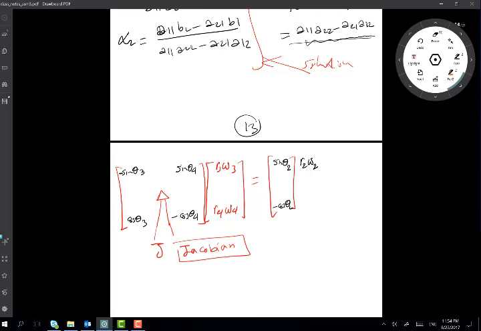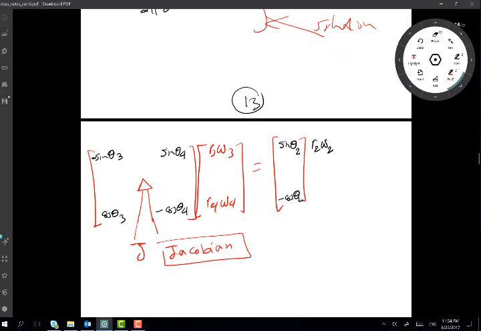Many books would call this the velocity coefficients matrix, which is quite okay, but I'm going to use the mathematical term Jacobian. Later on, when we do more mathematics, you will understand what the Jacobian refers to. Normally it's a matrix of partial derivatives, and those coefficients are mathematically partial derivatives. You don't have to worry about it for now, so just call it Jacobian.